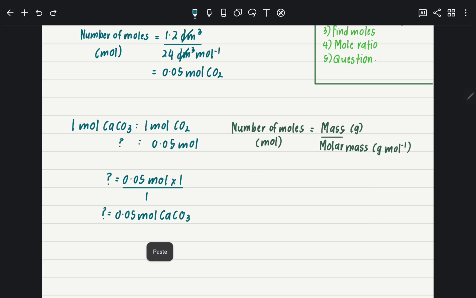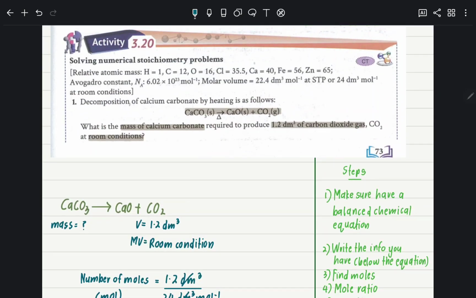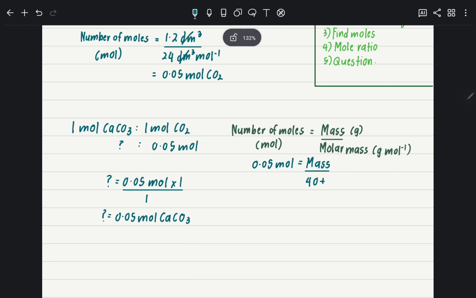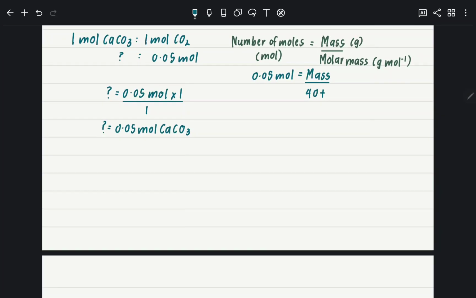My number of moles is 0.05 as usual, 0.05 mole. My mass is somewhere here. And then molar mass. Okay, Ca is 40. Okay, 40 plus carbon, another C, which is 12.